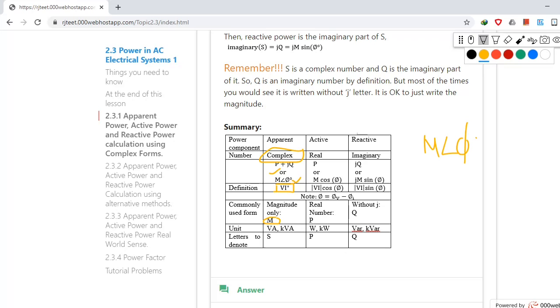So in most cases you would just go with the magnitude, because it's really not necessary. Once you know the power factor, which we are going to talk about in a while, and any other power component related to that device, you can calculate this angle. So it's possible. Therefore, people usually do not go with the angle.